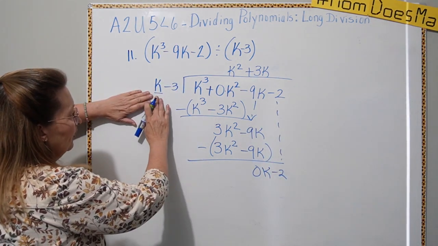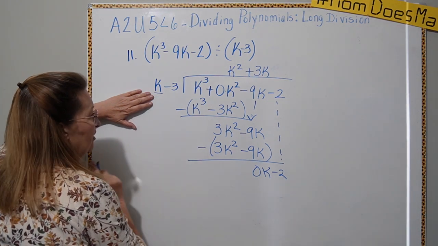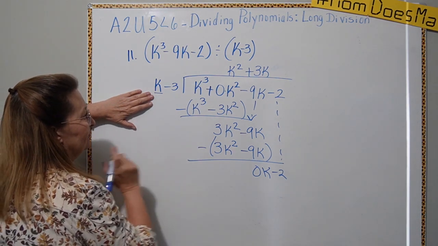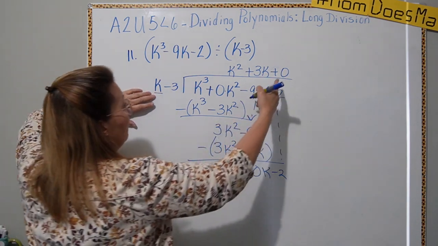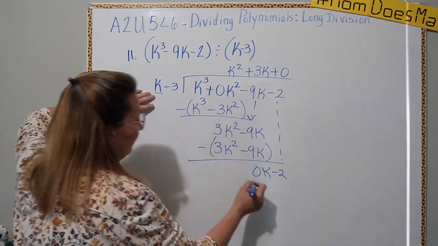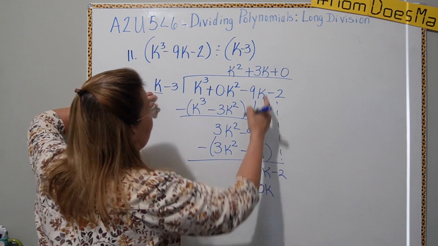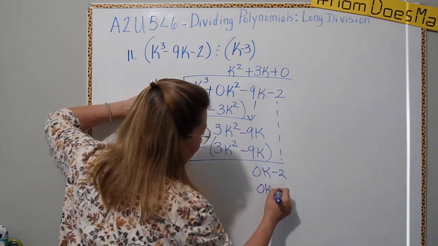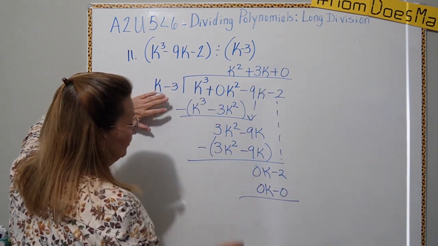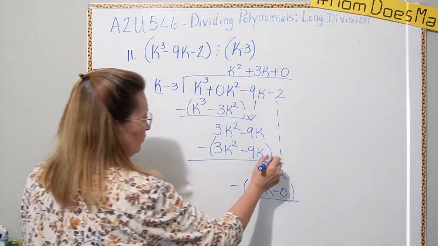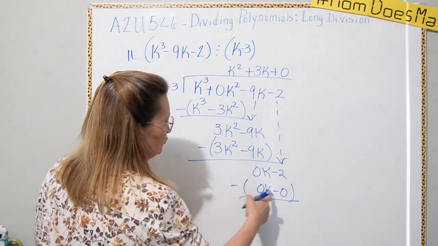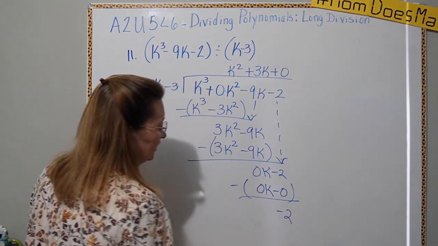So what would I multiply k by to get 0k? How about just a 0? So when I multiply 0 times k, I get 0k. 0 times minus 3 is just 0. You just keep doing the things that you've been doing. All right, negative 2 minus 0 is negative 2.